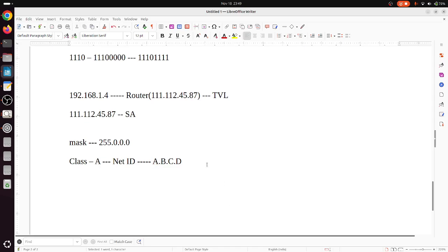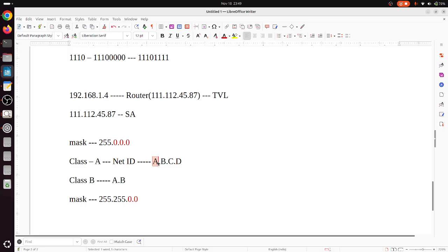For class B, I need to extract A.B, since A.B has the information about the net number, so automatically the mask will become 255.255.0.0.